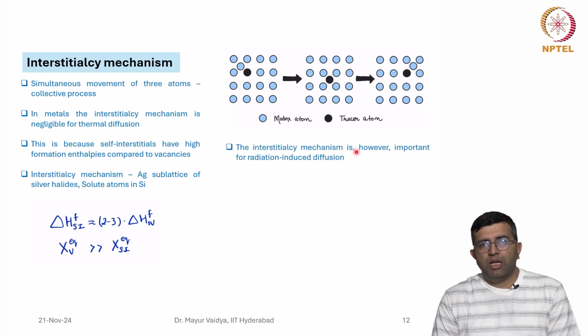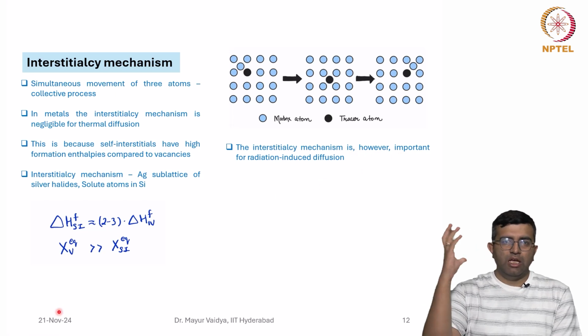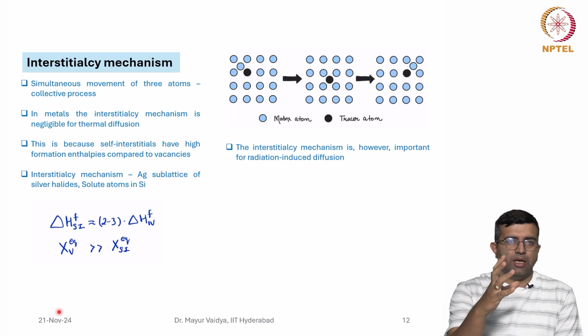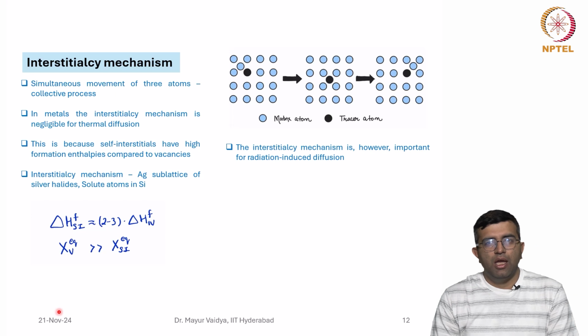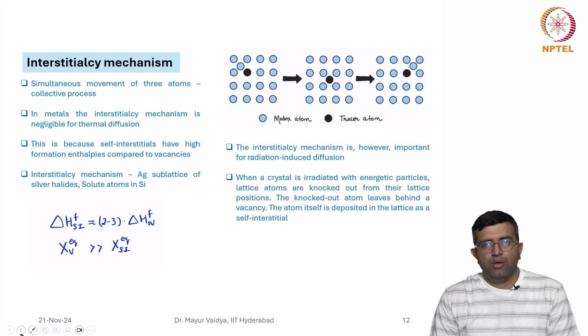So this becomes more important in the case of radiation-induced diffusion, where radiation is bombarded on a crystalline sample, and the parent atoms are knocked out of their position and occupy interstitials.